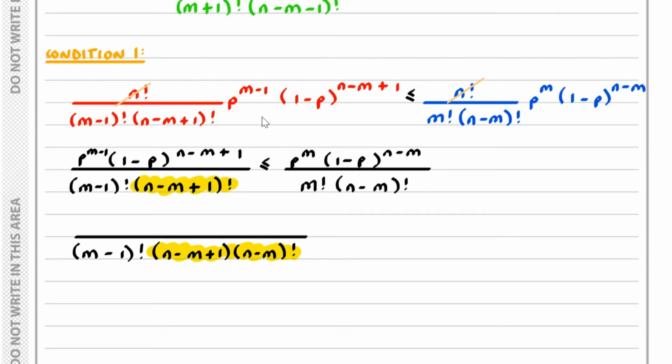And then the top bit remains the same, p to the m minus 1 multiplied by 1 minus p to the n minus m plus 1.